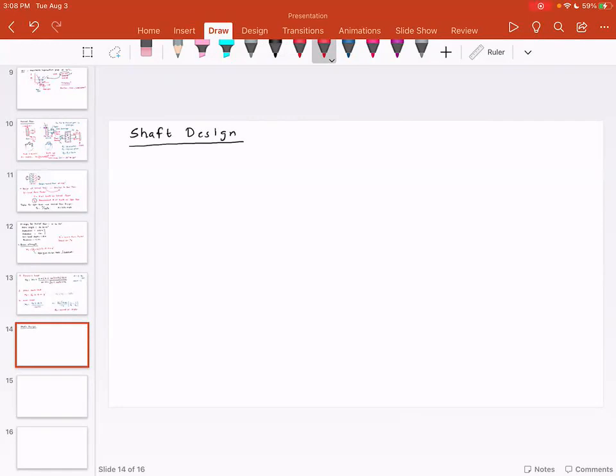So you're gonna have WT, which is tangential load. Then we are gonna have WN, which is the normal load.